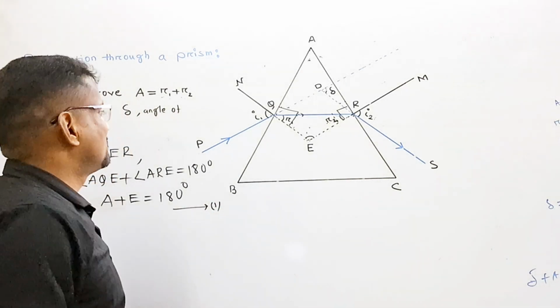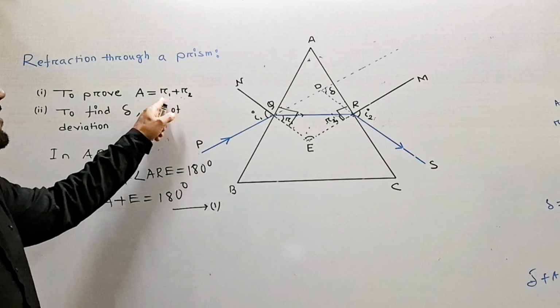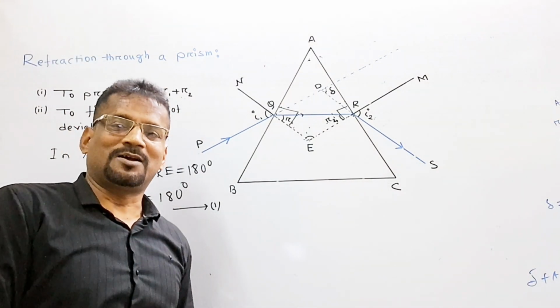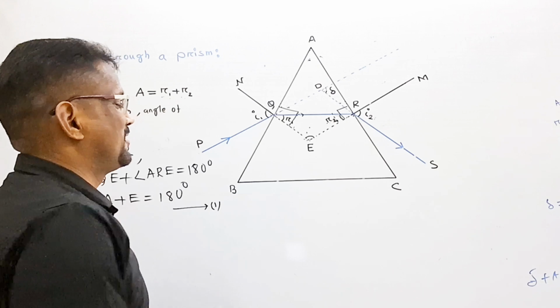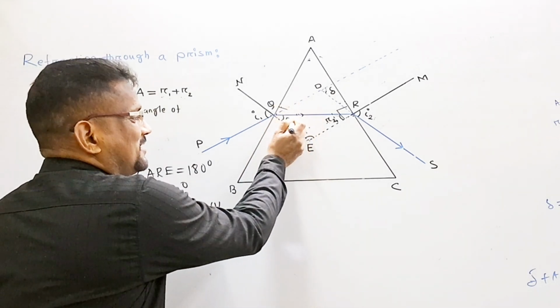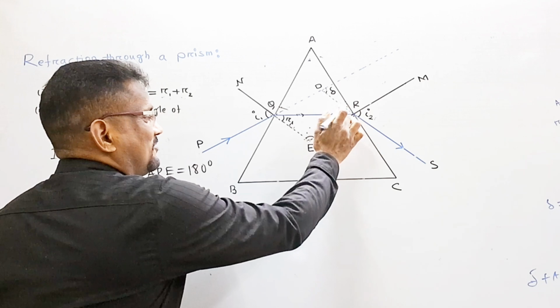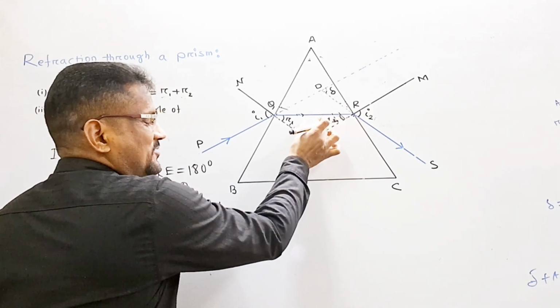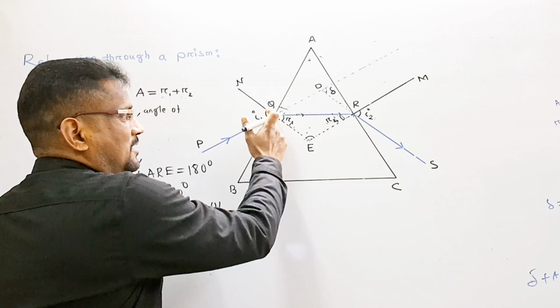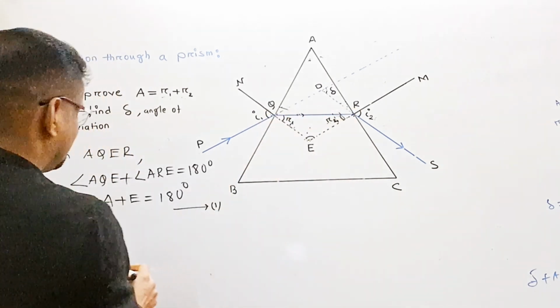Now, you have to bring in the terms R1 and R2. How do we obtain R1 and R2? For that, R1 is present in this triangle and R2 is an angle of this triangle. That's why you consider triangle QER.